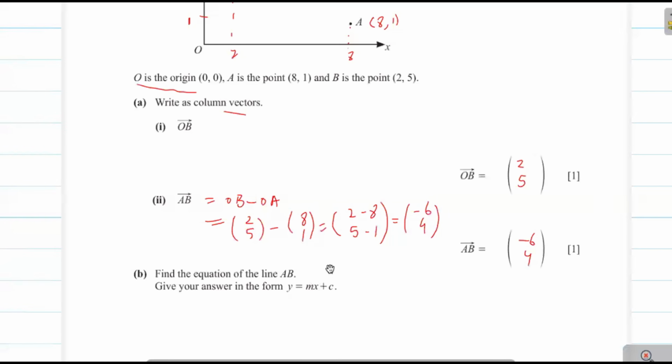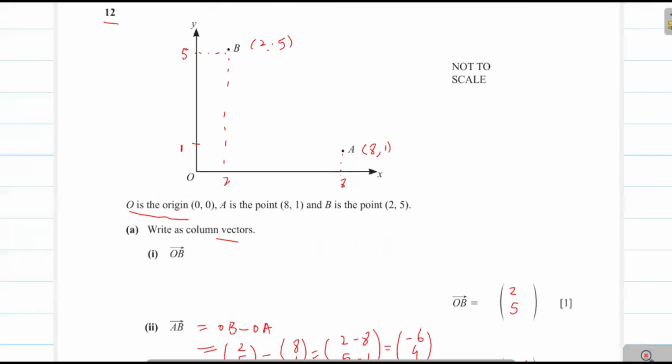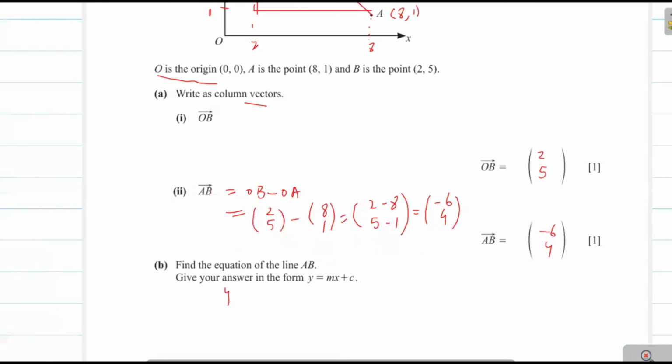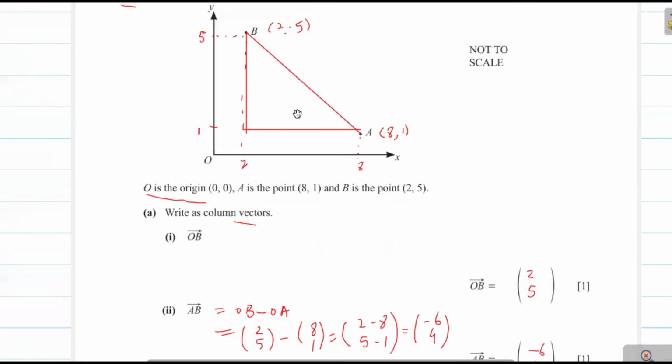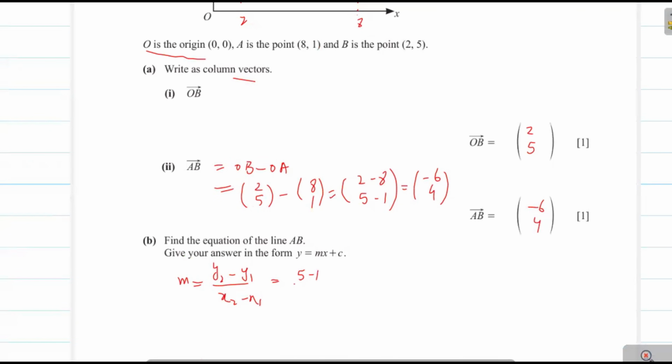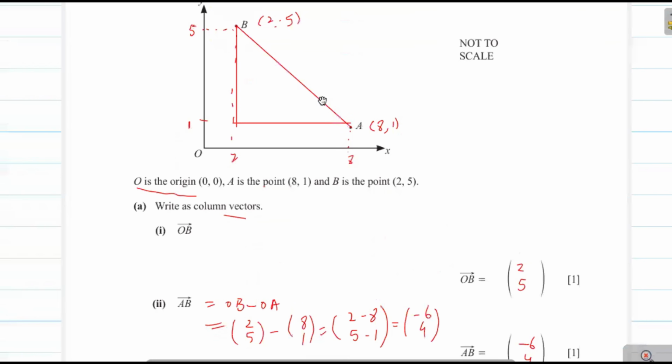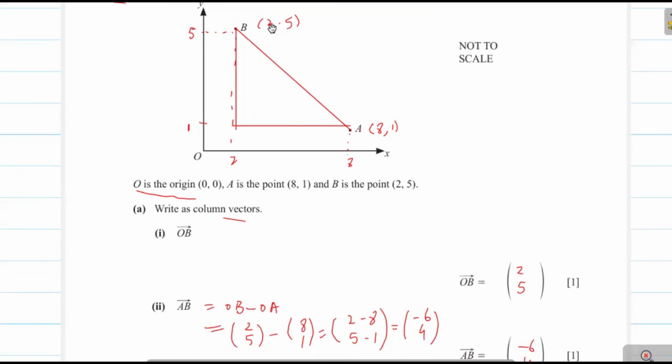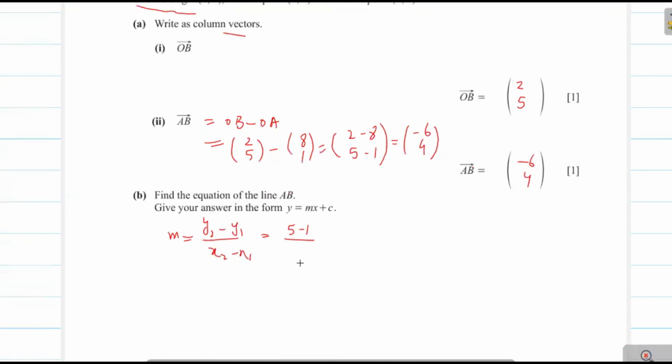Now find the equation of line AB, y equals mx plus c. Firstly, we find the gradient of this line, which is y2 minus y1 over x2 minus x1, and this gradient is m. Here y2 is 5 and y1 is 1, so we write 5 minus 1 over, and x2 is 2 and x1 is 8, so 2 minus 8.